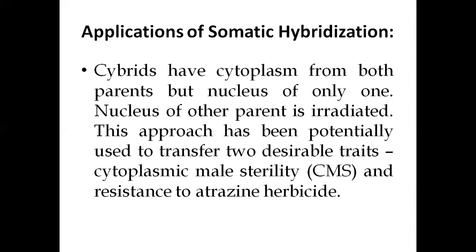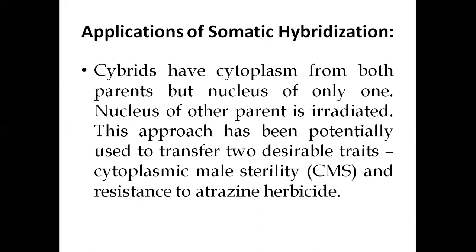Here, to have the nucleus of only one parent, the other parent where the nucleus is not required, such parent nucleus or the cells will be exposed to X-ray radiation, or they will be irradiated. During this period, the nucleus of that parent will be completely degraded, but the cytoplasm will be retained. So by this technique, you can have the combination of the cytoplasm of the two parents, and only one parent nucleus will be retained.